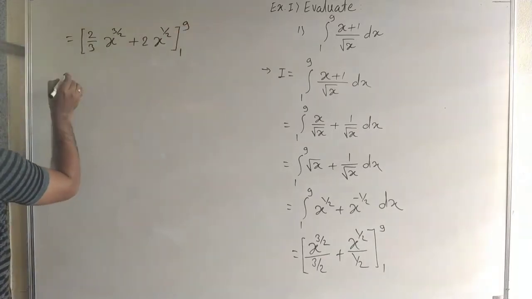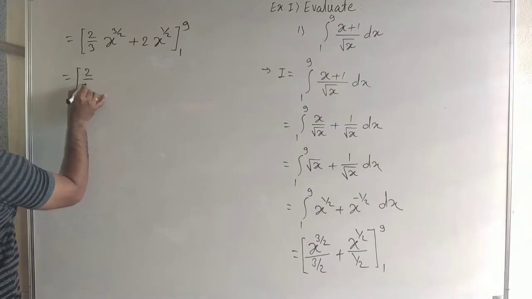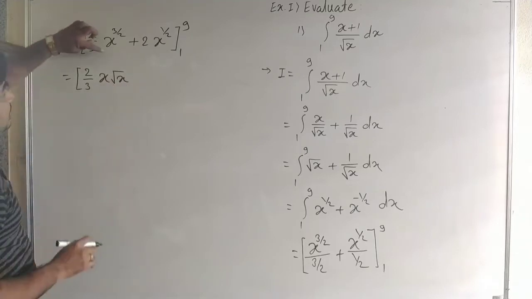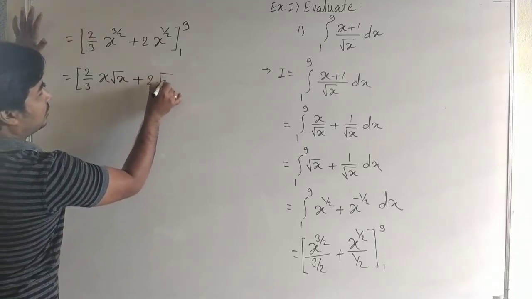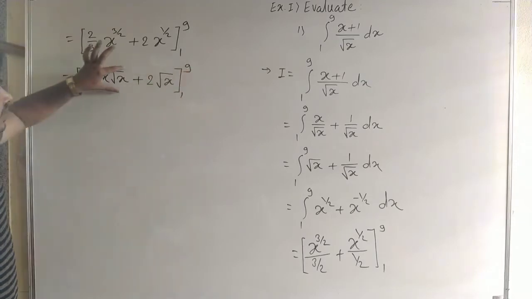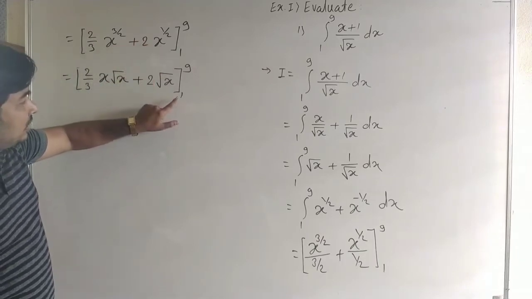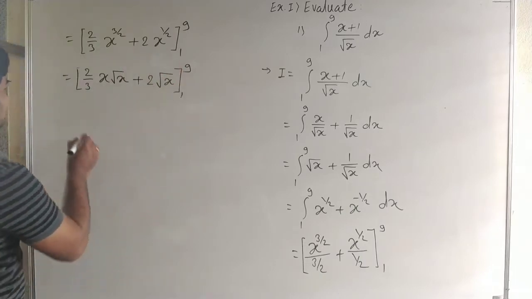See carefully, 2 by 3 into x to the power 3 by 2 means 2 by 3 into x under root x, plus 2 into under root x, with limit 1 to 9. Now we put the lower limit and upper limit, and the method is upper limit minus lower limit.